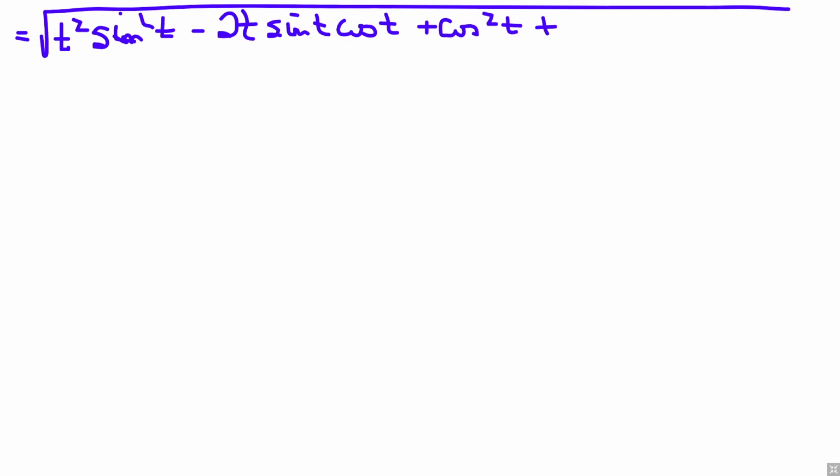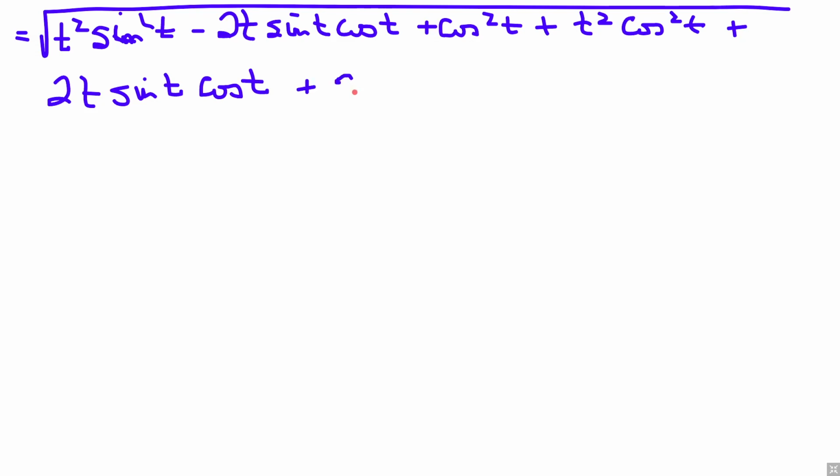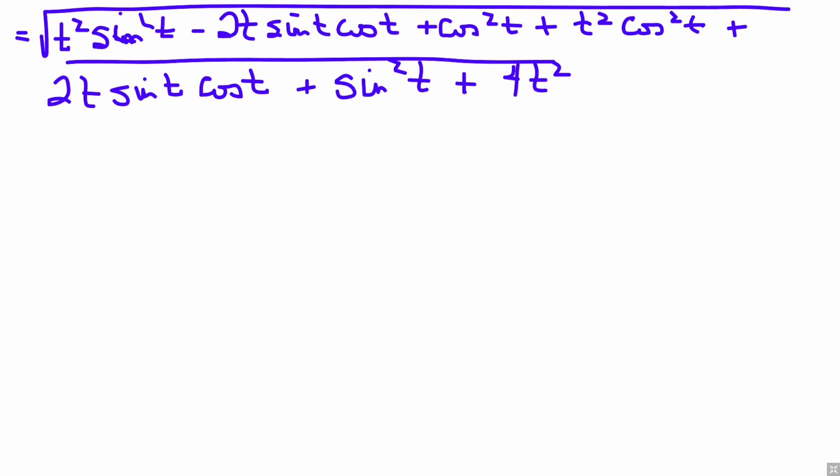Second term squared out is going to be t squared cosine squared t, plus 2t sine t cosine of t, plus sine squared t, plus, and the last term squared is 4t squared. And keep in mind that this is still under the radical.